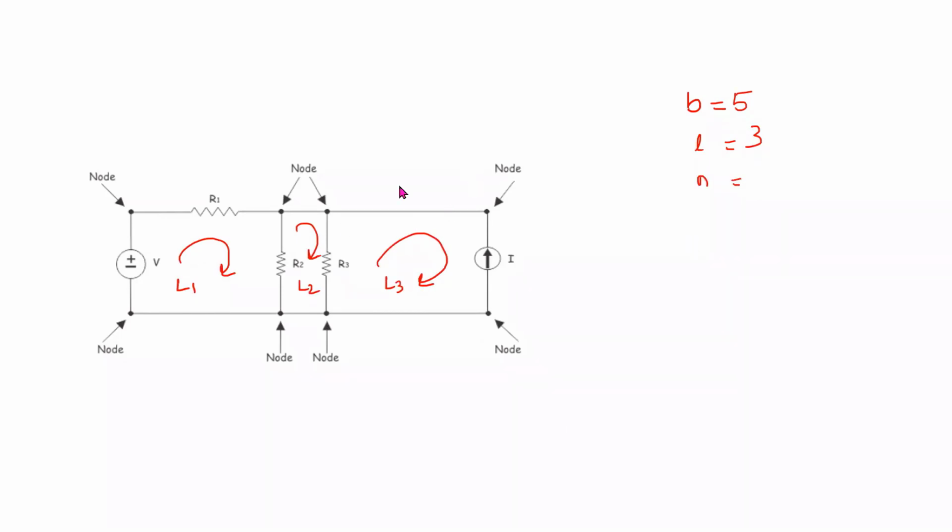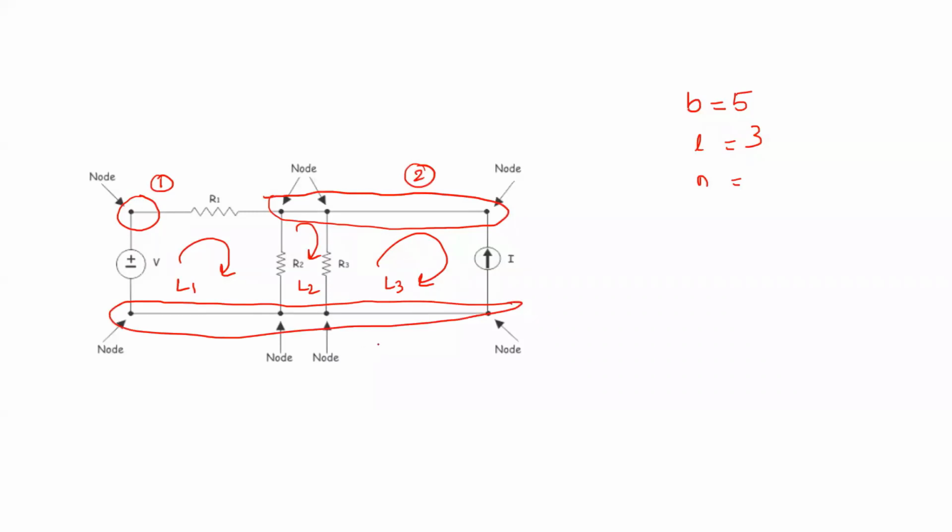Now, number of nodes. I have given names to the nodes just to confuse you people. It is one node. All together, it can be considered as a single node. What is the answer?